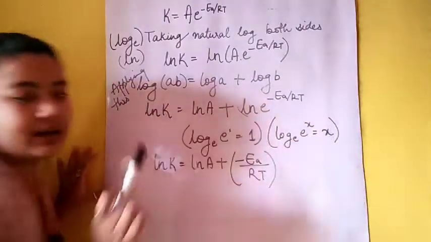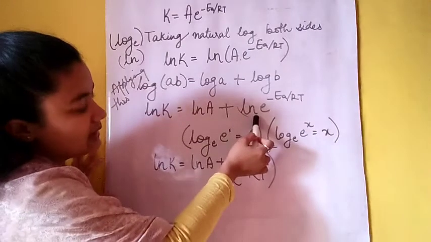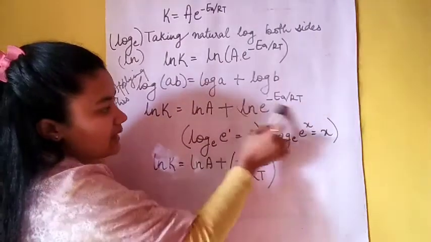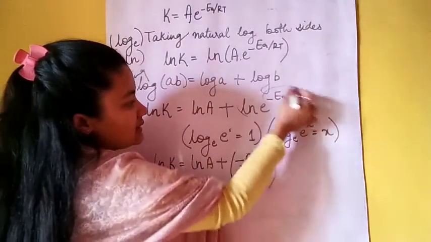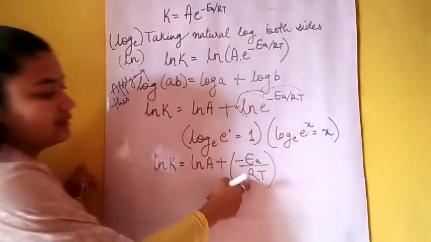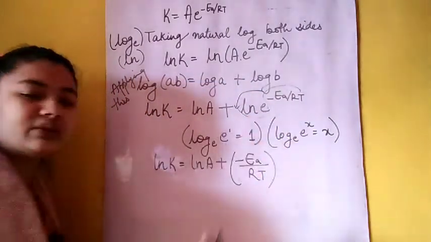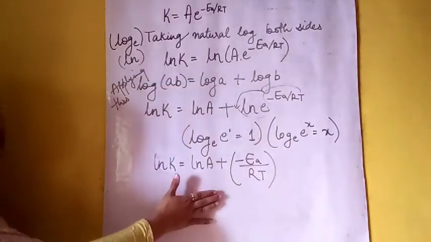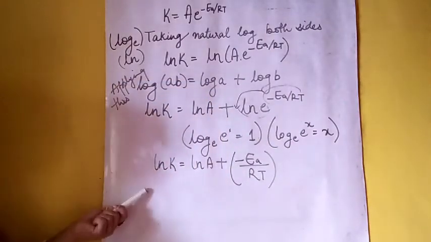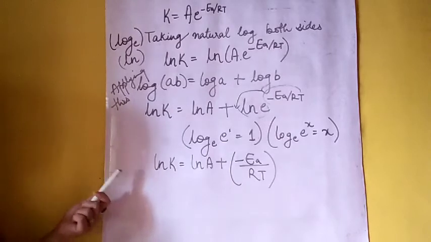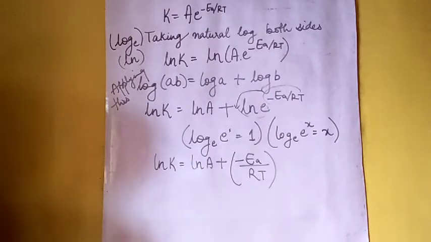If it is y, there will be y. So what is here, log base e power minus Ea by RT, this is shifted here, like this. And this is already 1. Log e is already 1, right? So this is the formula we derived. This is another form of the Arrhenius equation.